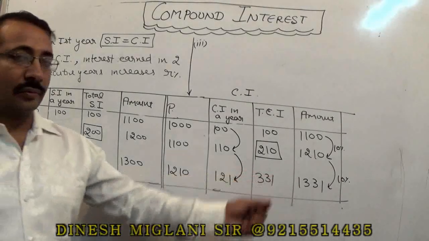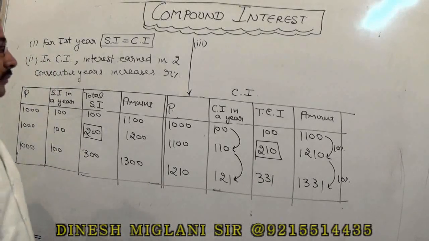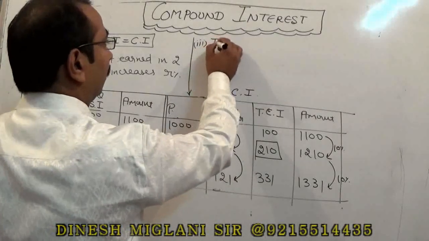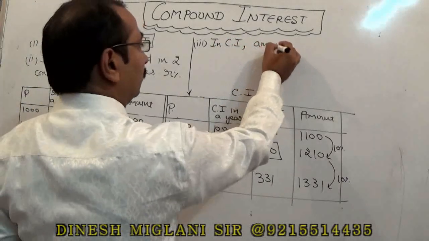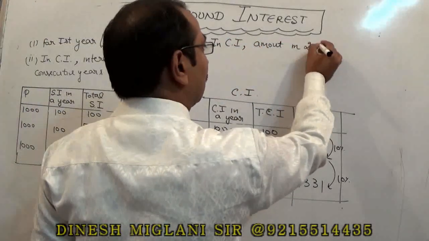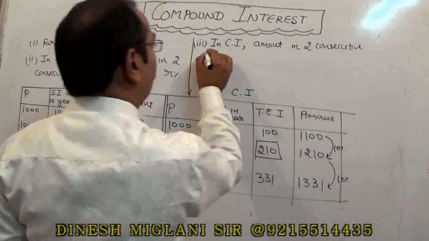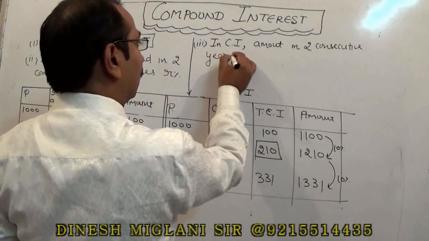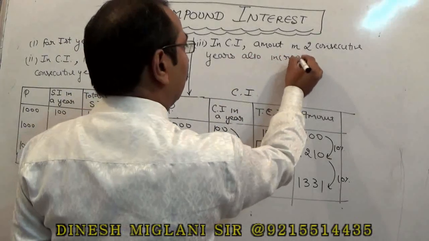From 1210 to 1331, that is also increase of 10%. So what I can say, in case of compound interest, amount in 2 consecutive years also increases by R%.